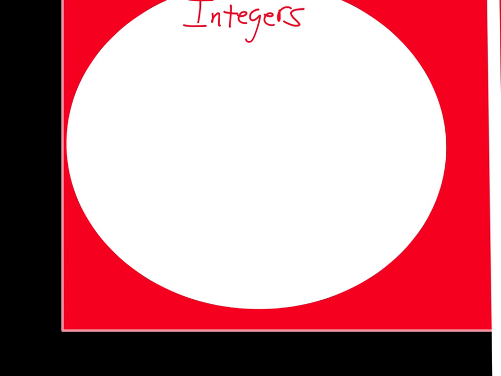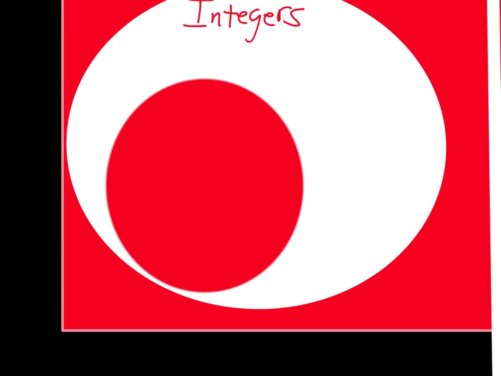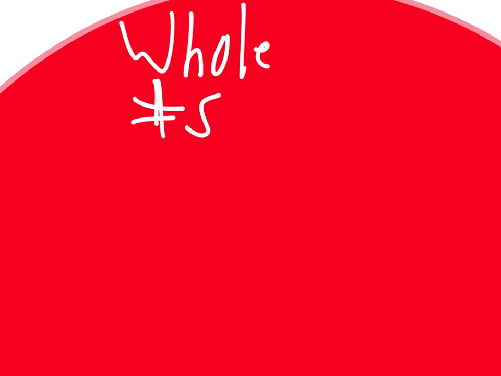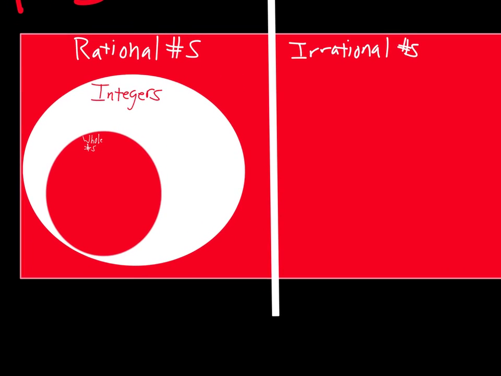And then within integers, we have whole numbers. Okay, zoom in again. Let's use white. All right, so we have this breakdown, basically, okay? Let's do irrational numbers real quick, because that'll be the easiest.